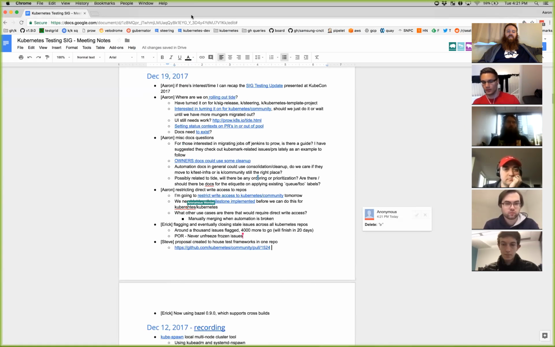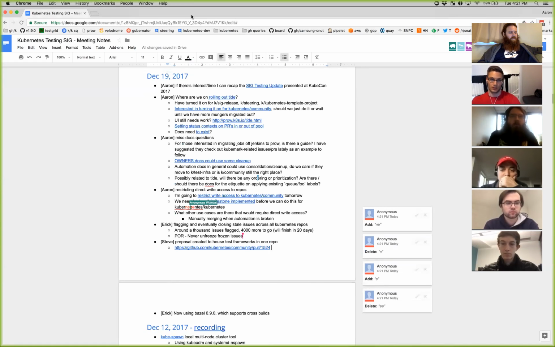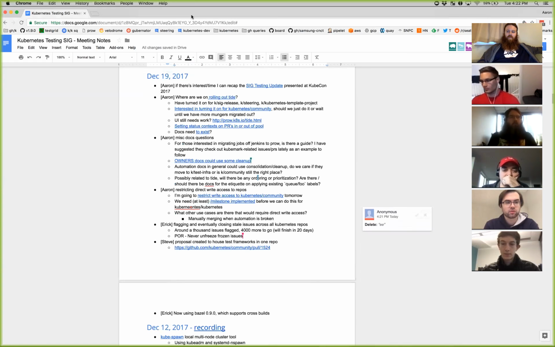It could be. I think another thing that's really powerful though is being able to host documents on Deck or similar in the server, because then it's a lot easier when you're changing the code to see that the doc is right there and to change it. I think for most of the docs, things like the plugin help are the way to go, where it just documents itself, but we probably still want a doc somewhere that says this is Tide, we use it for merging, that kind of thing.